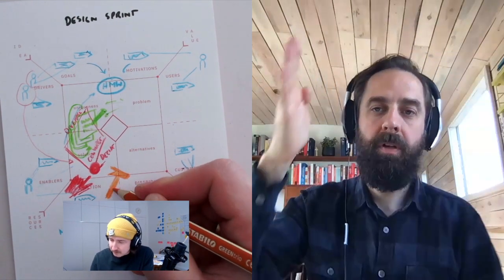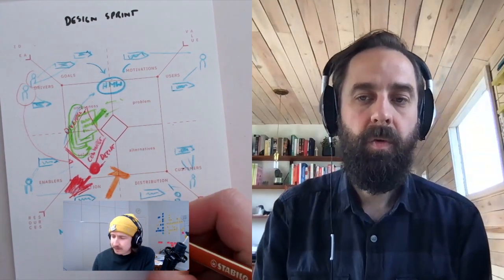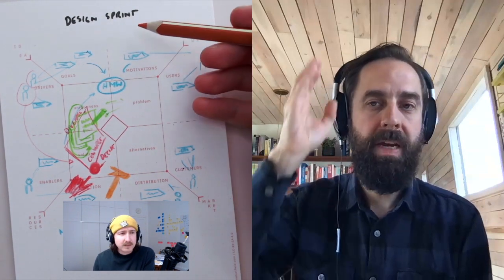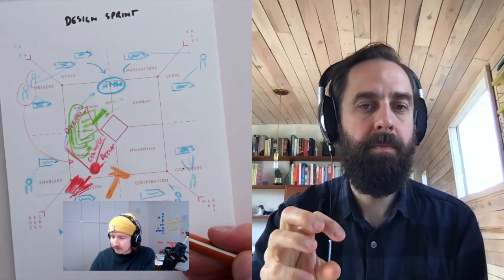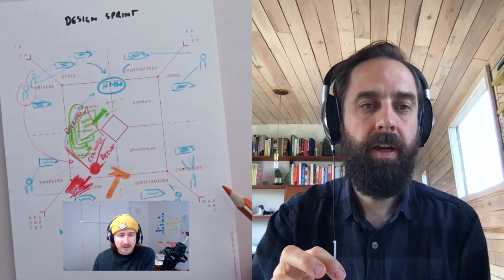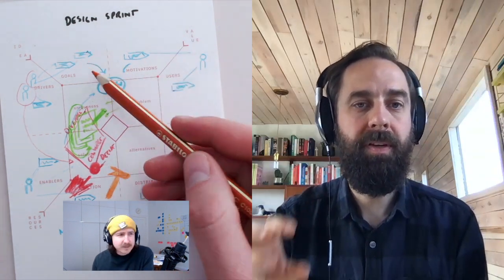Remember when we talked about the axis, the dimensions of the product field, one of the trajectories you follow is making something intangible tangible. Prototyping is exactly where that is happening. It's turning a lot of abstract things into something very concrete.